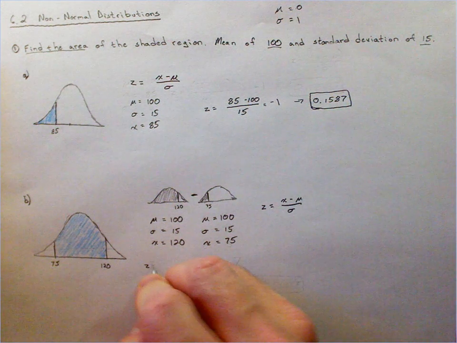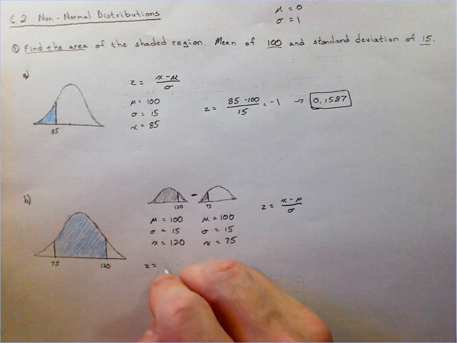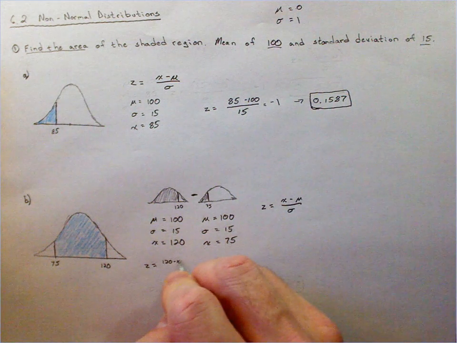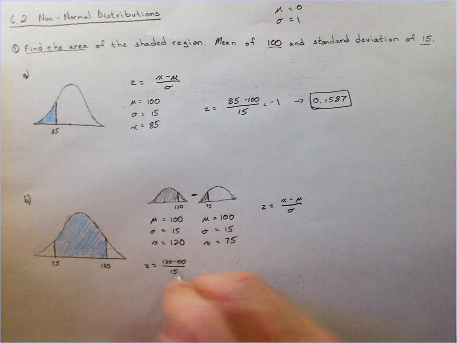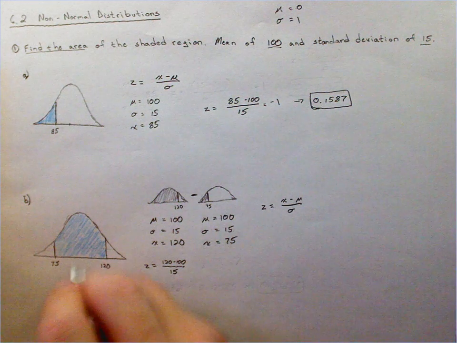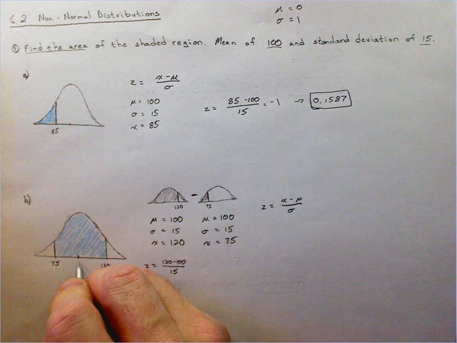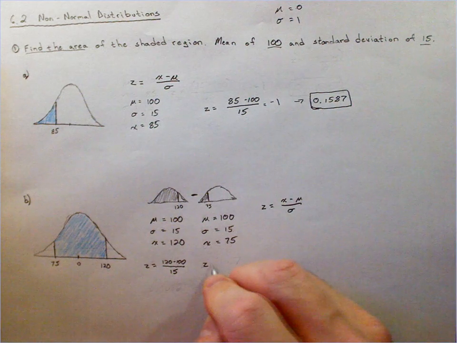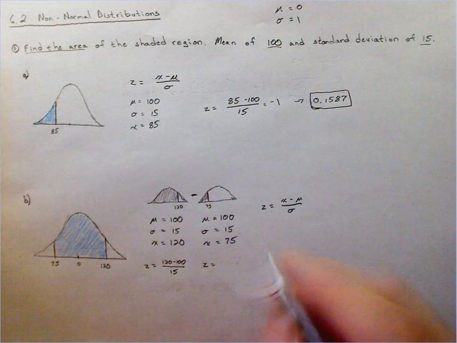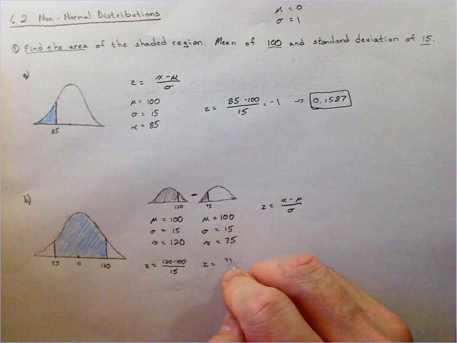So I have z equals 120 minus 100. I can already tell I'm going to have a positive answer, and I should end up with a positive z-score. It's to the right of center. And here I should have a negative z-score because it's to the left of center, and I will.